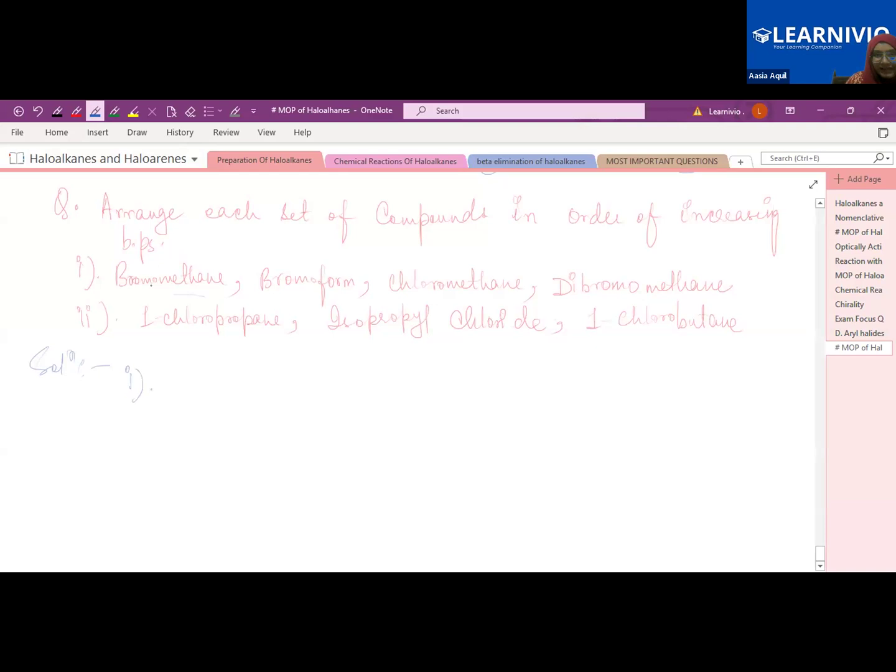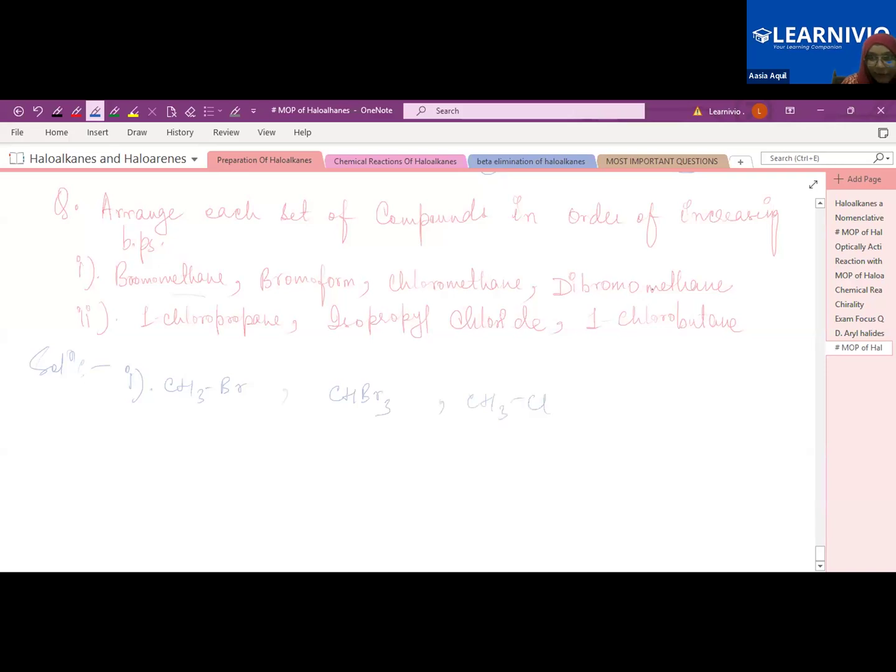Bromomethane. Draw the structure. It's methane, so CH3Br. Then bromoform, just like chloroform, CHCl3, similarly it's bromoform, so it means CHBr3. Third, chloromethane, so CH3Cl.